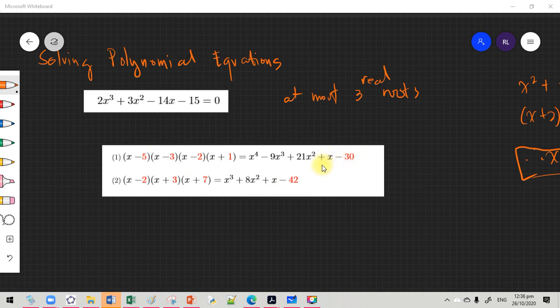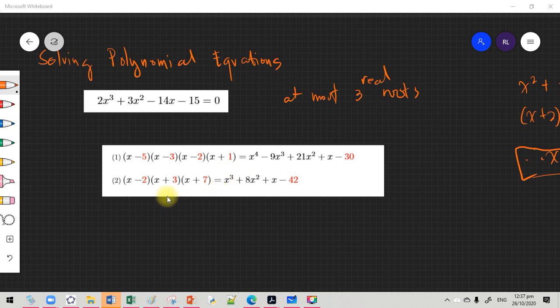So there's an idea that the factors of this constant term, because 5, 3, 2, and 1 are factors of 30, are the possible roots, or possible factors if in factored form, of this equation.